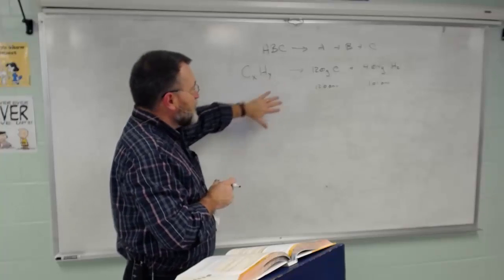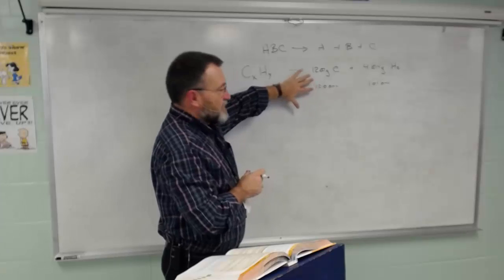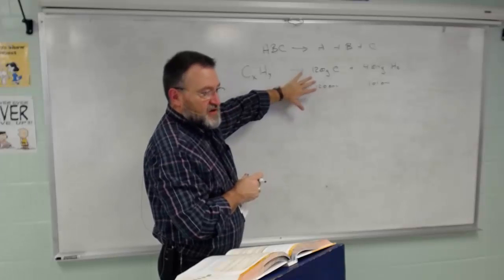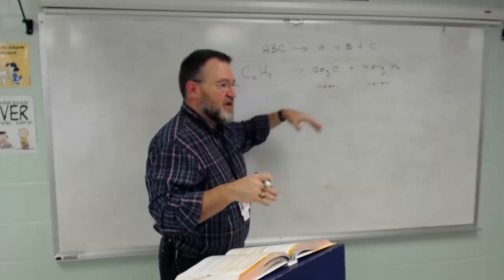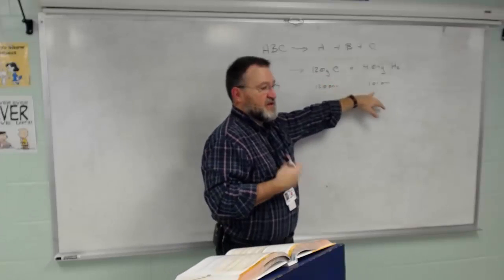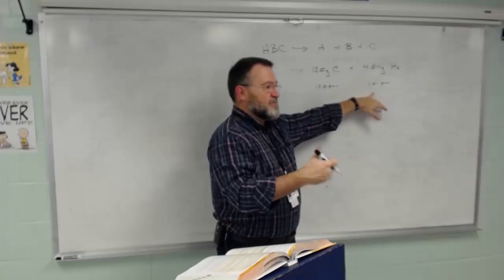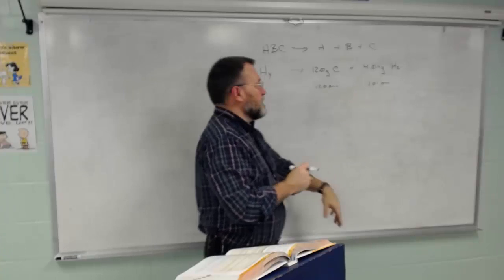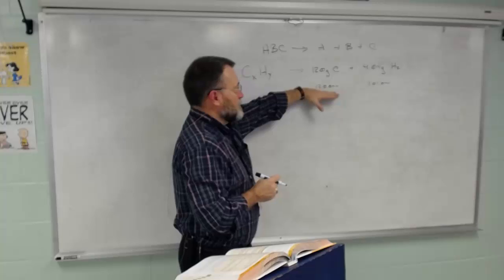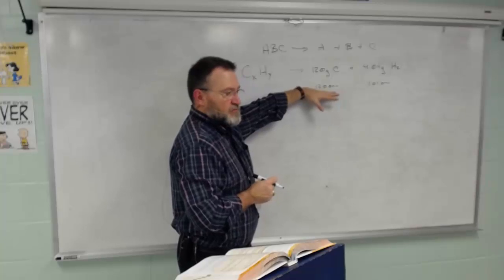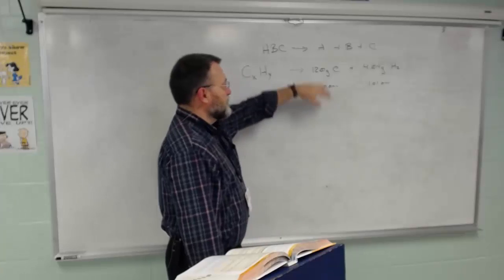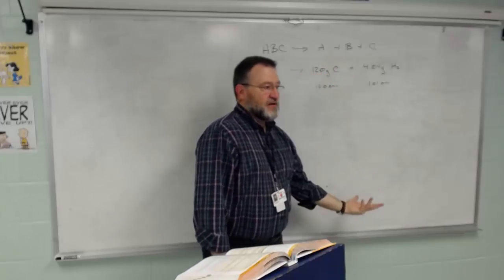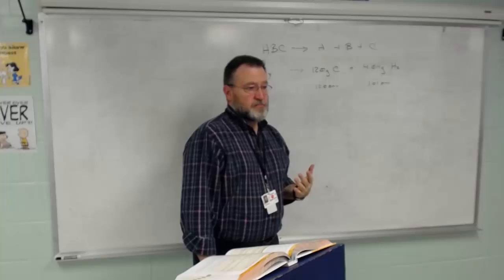Now, because we know the atomic mass, if we didn't, we would just look at the periodic table in front of our book and see, okay, hydrogen has a 1.01 beside it. That tells me 1.01 AMUs per atom. And over here, 12.0 AMUs per atom. Our masses of our products are not in AMUs, they're in grams.